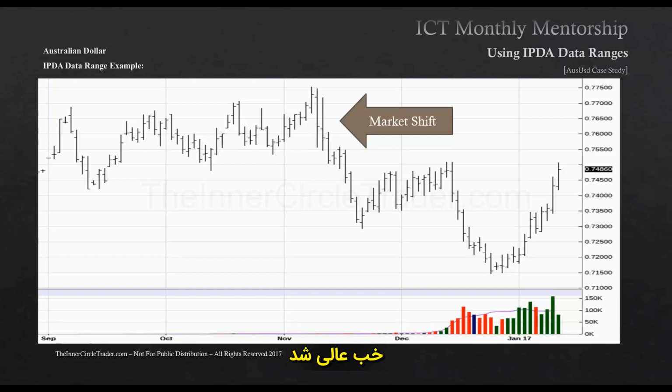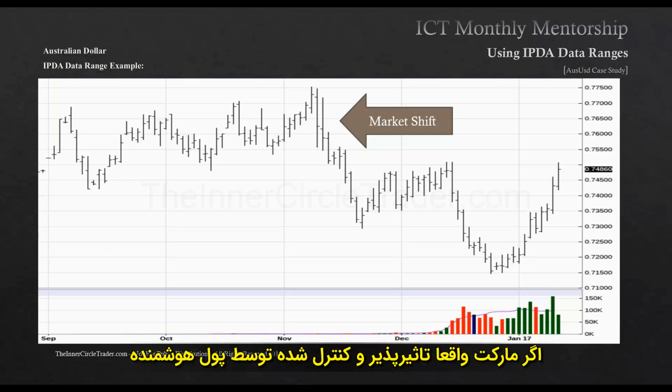Now, great. That's wonderful. You can see it in hindsight. What do you do with that information? See, this is what I have an issue with, like with Elliott Wave and all these others, they're just very highly subjective. If the market really is influenced or controlled by smart money, or if, as I'm telling you, there's an algorithm that controls what price is going to do, it's absolutely not random.